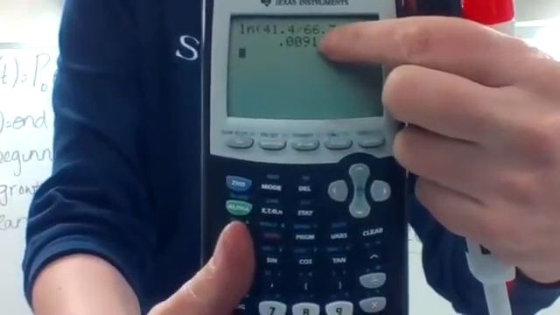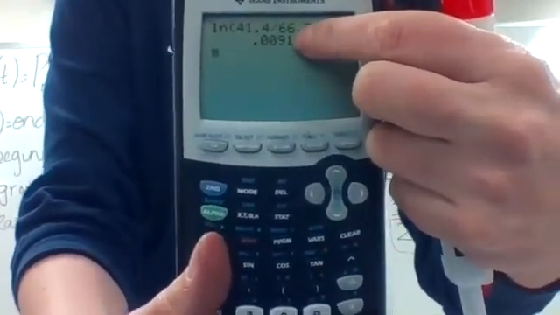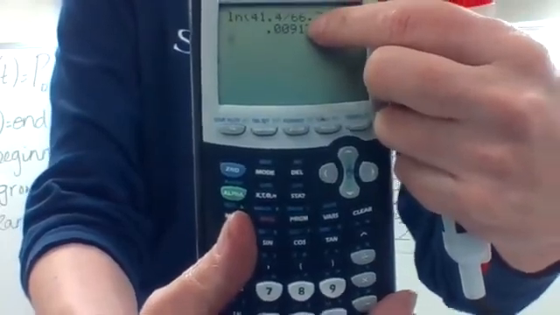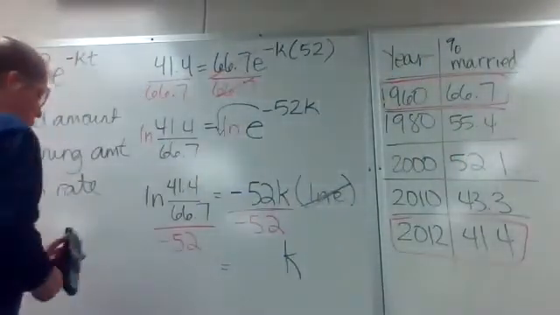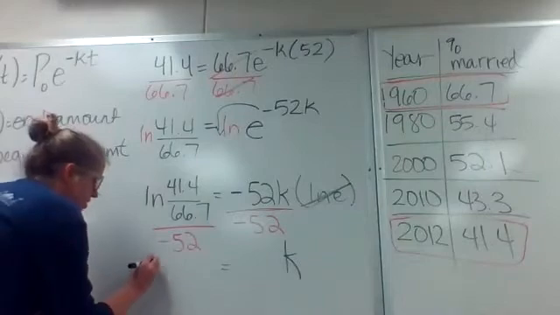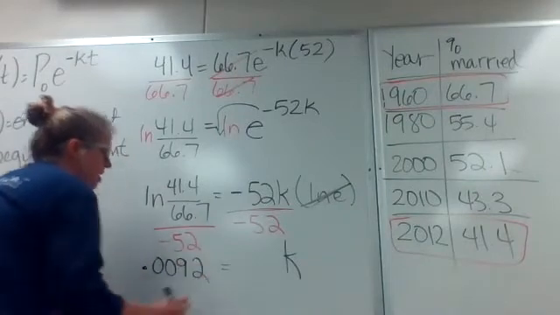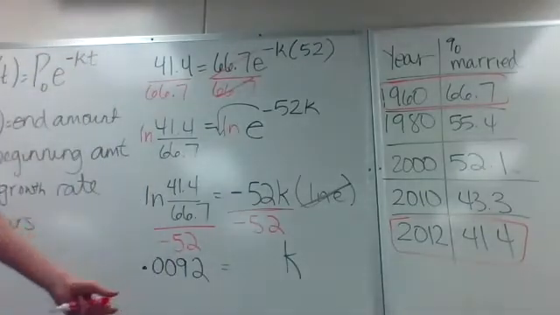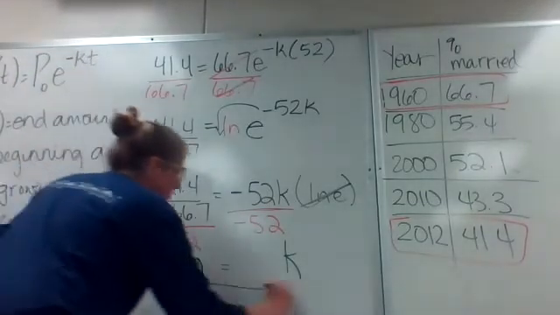So I've got 0.00917. If I'm going 4, I need to round that 1 up to a 2. 0.0092 is going to be your K. So that's the first part.